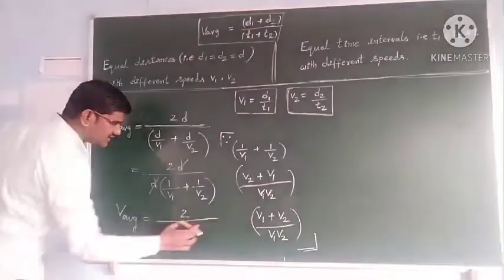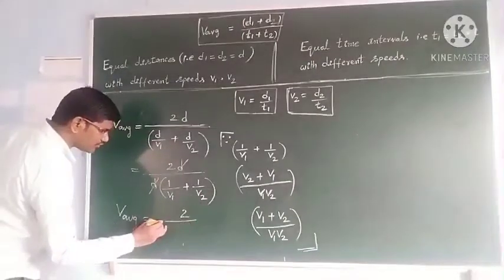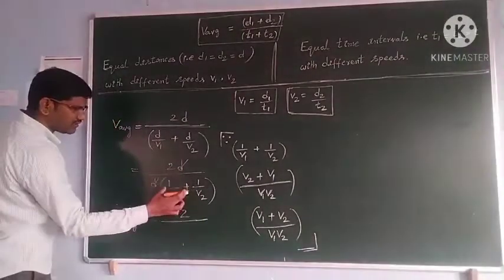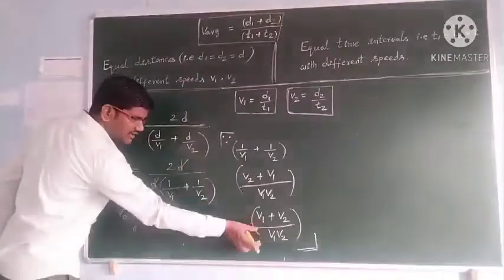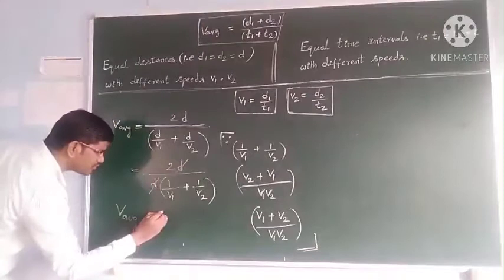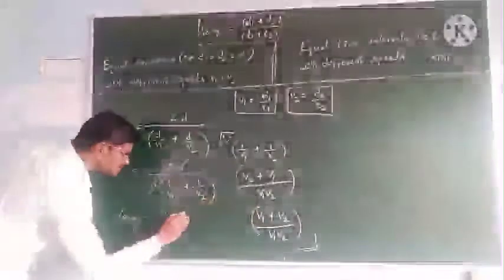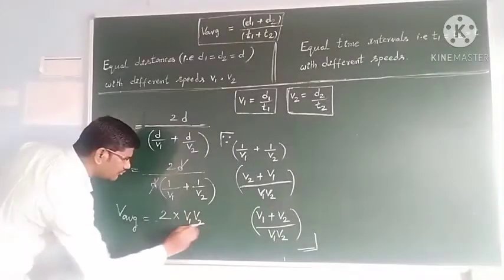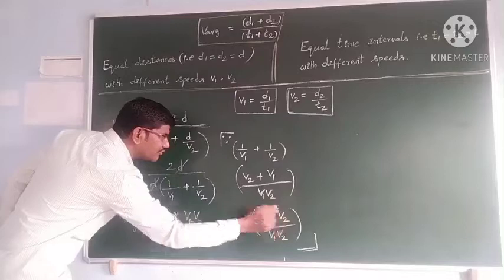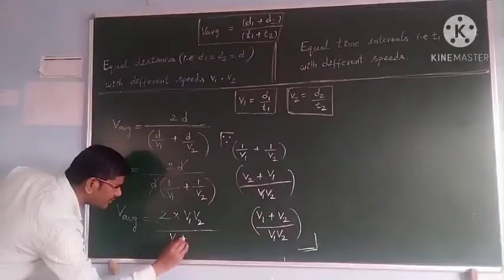Then I am substituting that here. What will happen, you see students, we have 2 in the numerator, and 1 by v1 plus 1 by v2 comes in the denominator, so it will become the reciprocal. So 2 into v1 v2 by v1 plus v2.